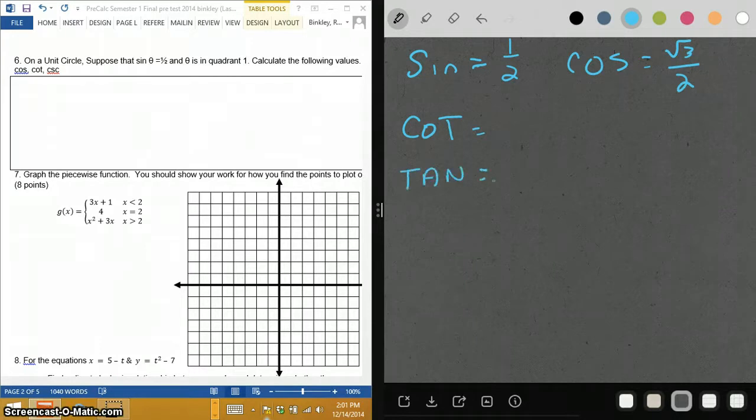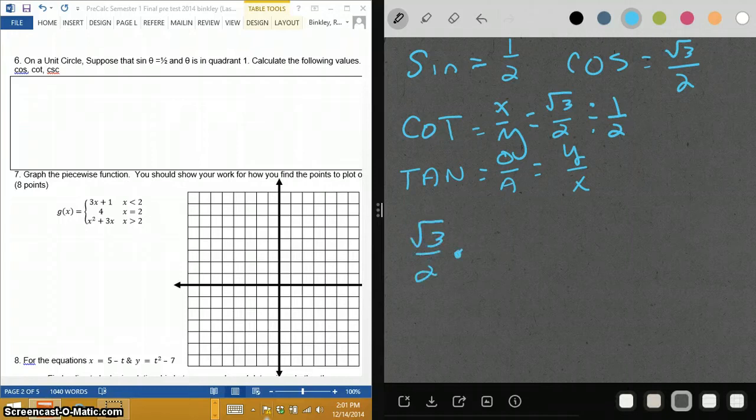My tangent is opposite over adjacent, OA, which is y over x, so that means my cotangent is x over y, which means in this case my cotangent is the square root of 3 over 2, which is my x, divided by 1/2, which is the square root of 3 over 2 times 2 over 1, which is just the square root of 3. And again, you can check all of this on your unit circle.